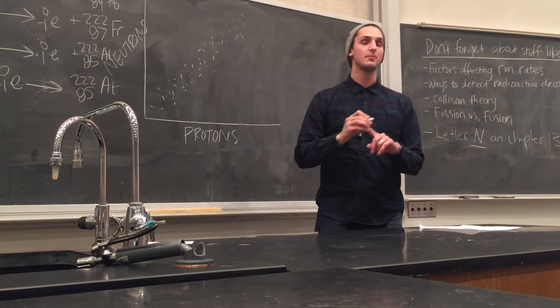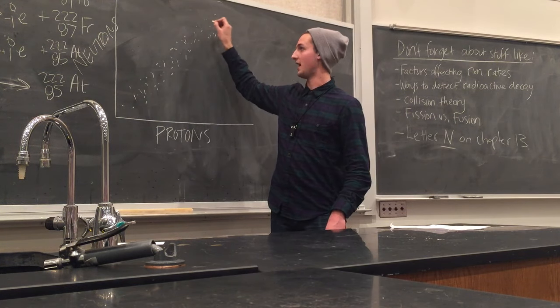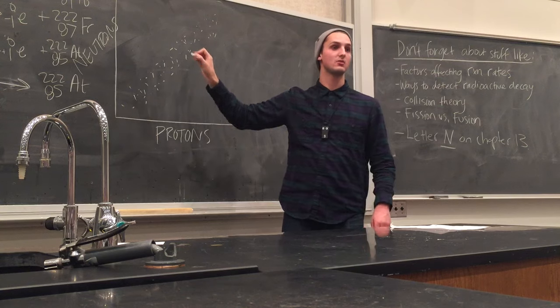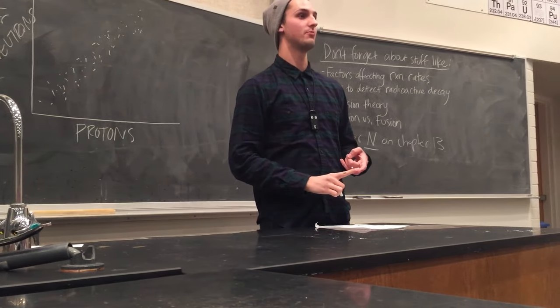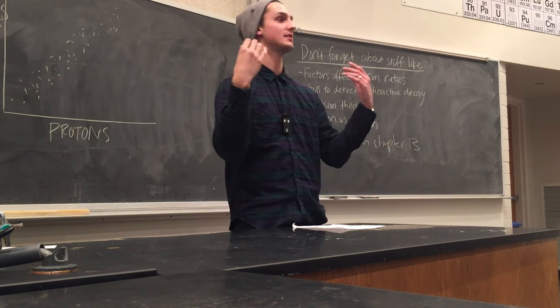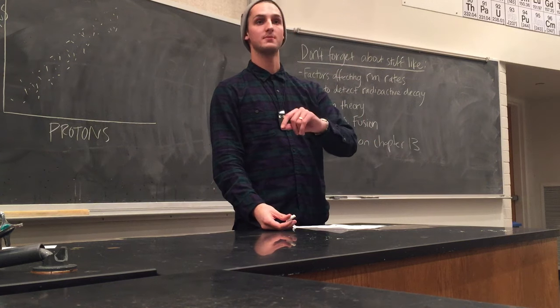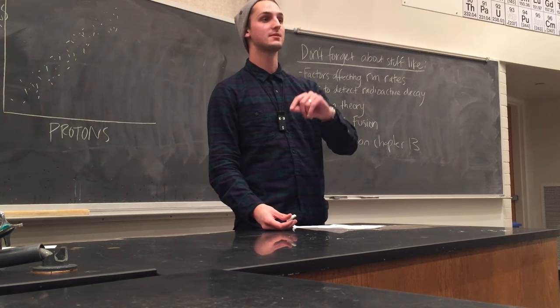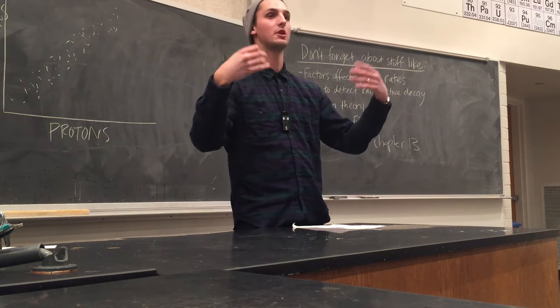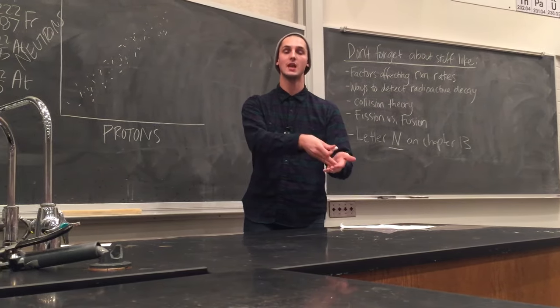On it there's a bunch of little dots, and each one of these dots represents a stable isotope. The whole reason things decay is because they're unstable and they want to become stable. So in order to become stable, they will emit different particles and undergo these different types of decay to get to a stable nuclide.